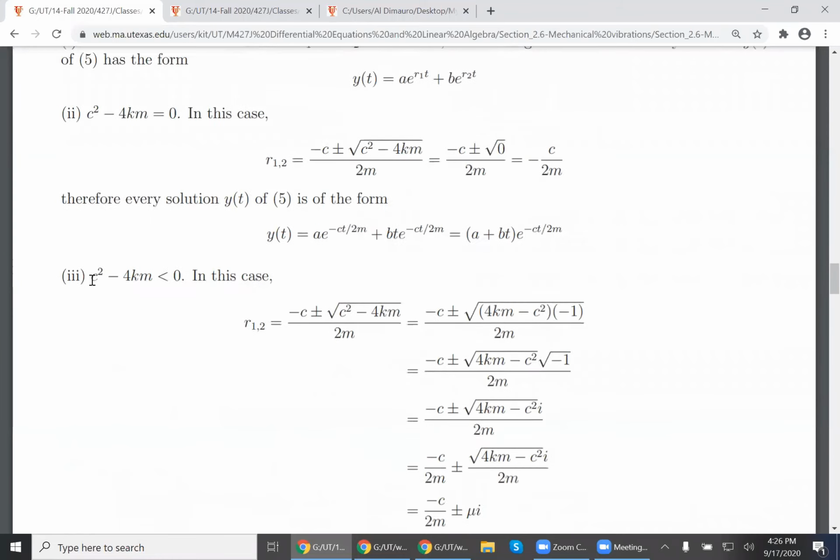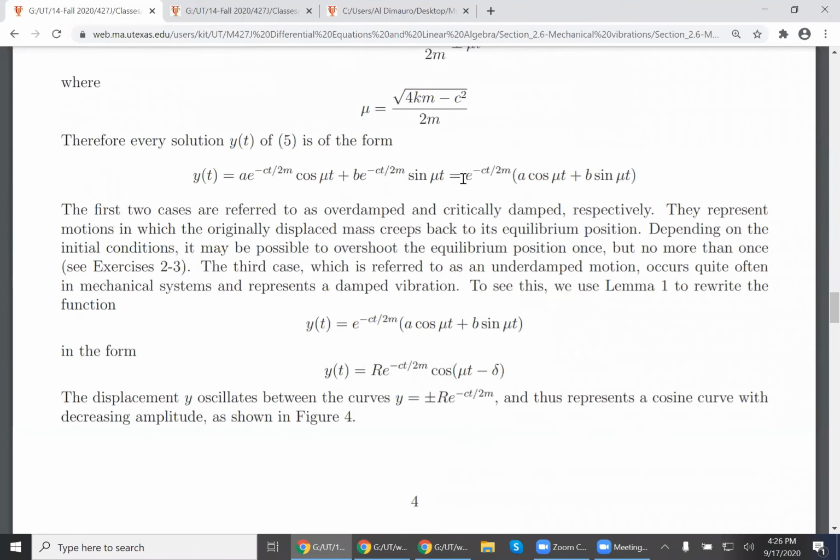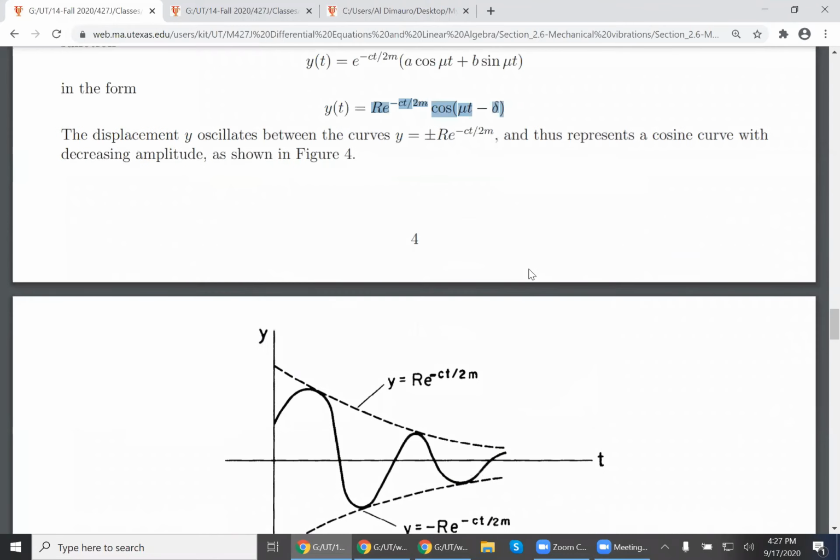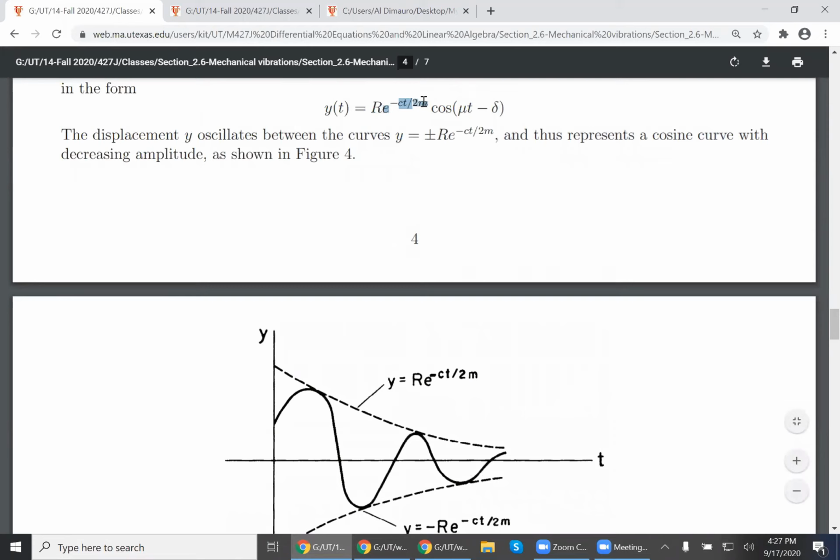All right, now let us analyze this solution. We apply lemma 1 again. By lemma 1, this can be rewritten as r times cosine. And now the graph of this function is over here, because the graph of r times e is this.